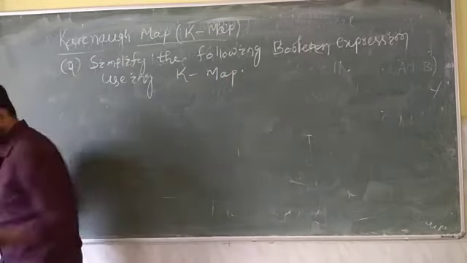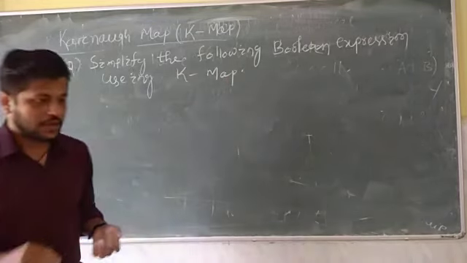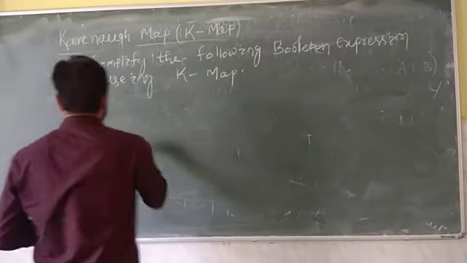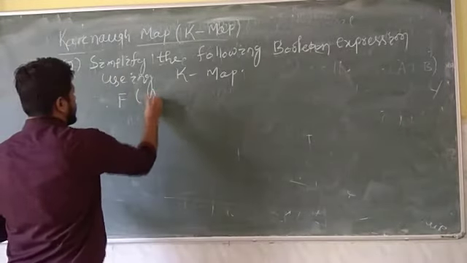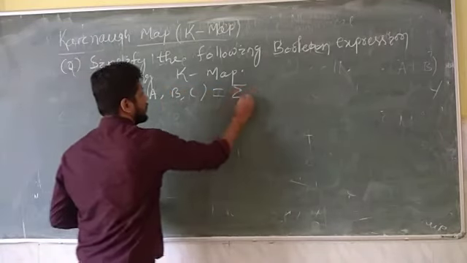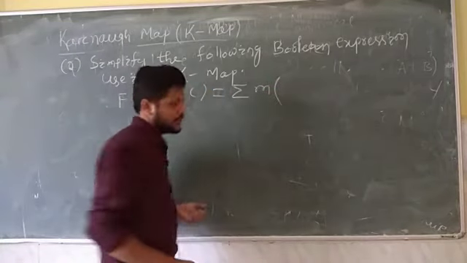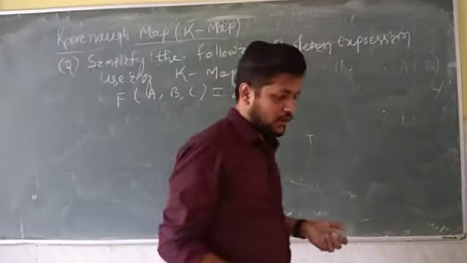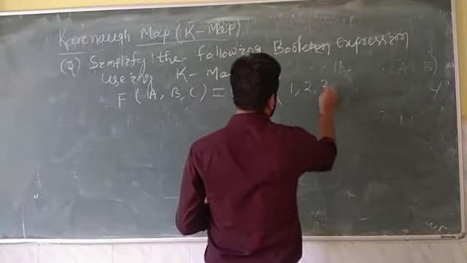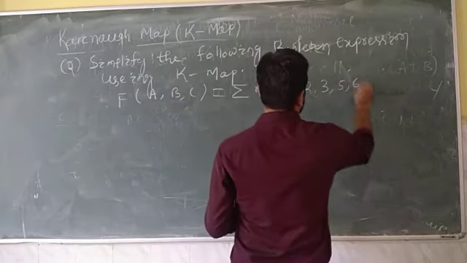The given expression is f(a, b, c) is equal to summation of m as 1, 2, 3, 5, 6, 7.